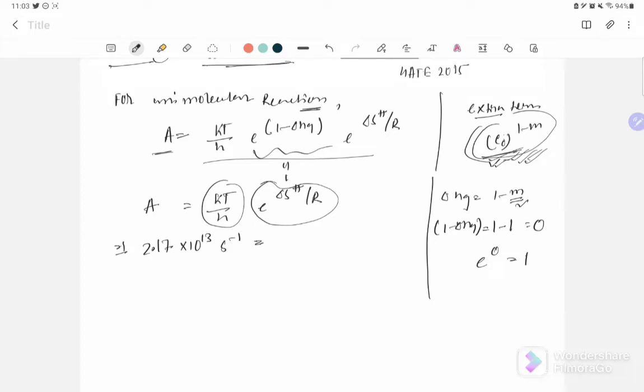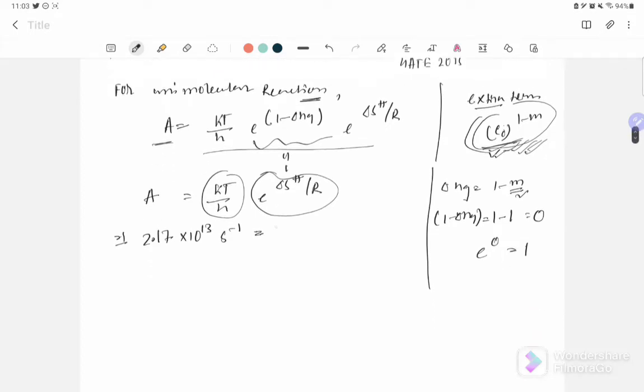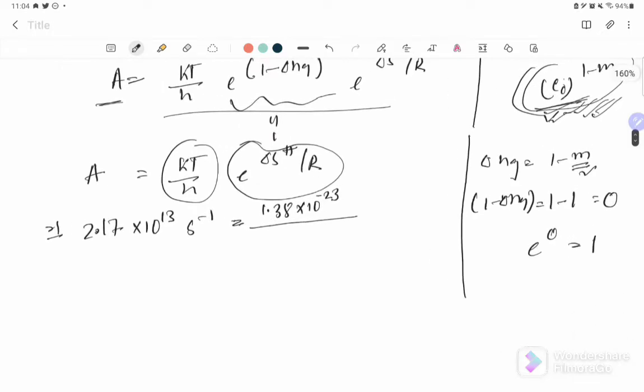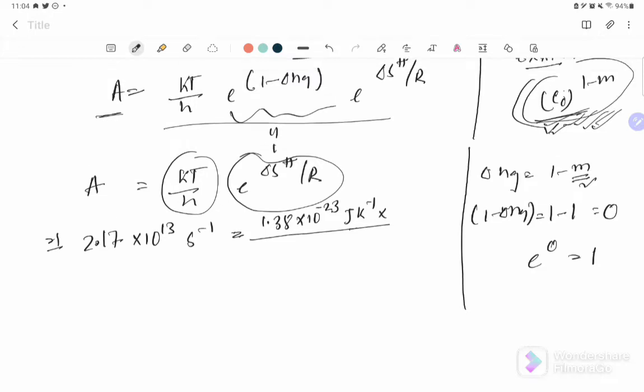So if you write the equation, k is 1.38 into 10 to the power minus 23 joule per Kelvin, into T, and T is 298.